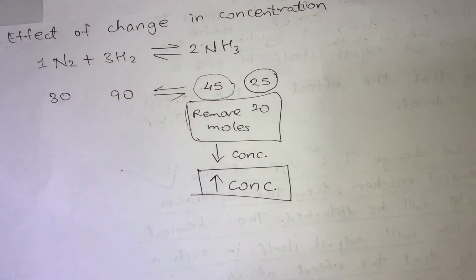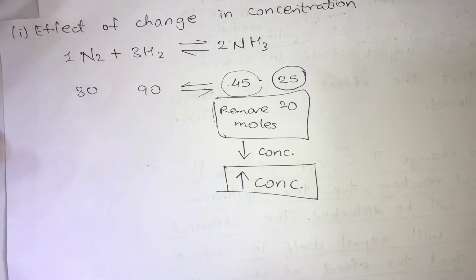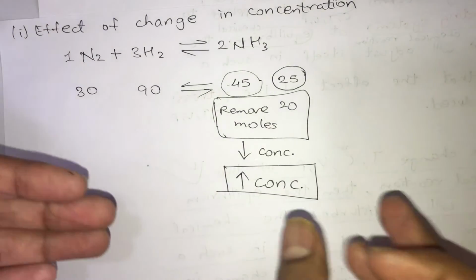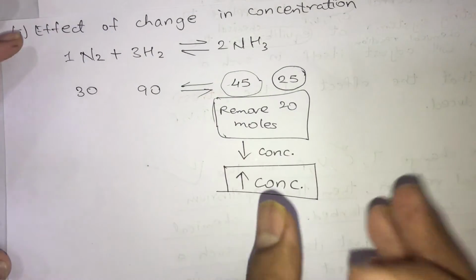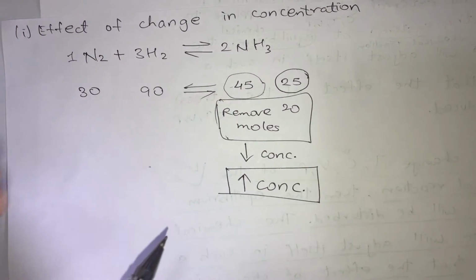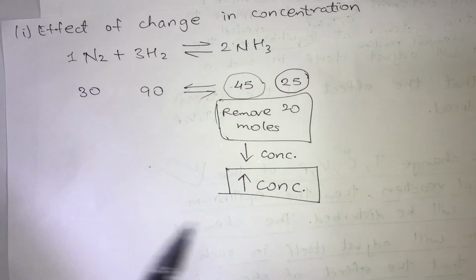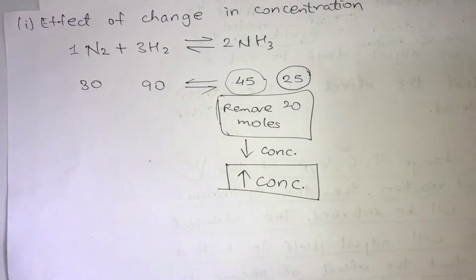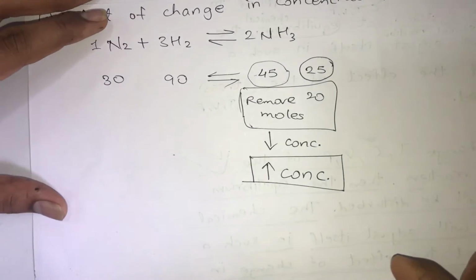It will fight back, because now the concentration on the right hand side has decreased and the chemical equilibrium is disturbed. To get a new chemical equilibrium, it will increase the concentration on the right hand side.